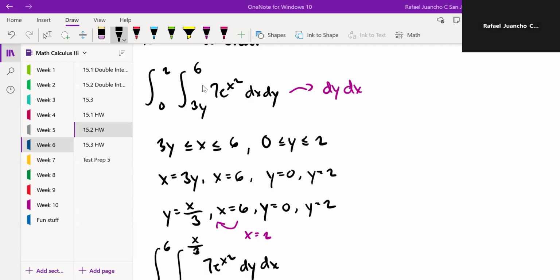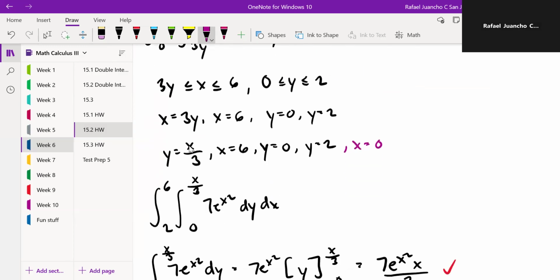Oh, so based on this function, y equals x over 3, I have to find some x values that work. So 6 works, but then I need to find when it's 0. So that's when x is also equal to 0. When y is 0, what is x? 0. When y is 2, what is x? 6.